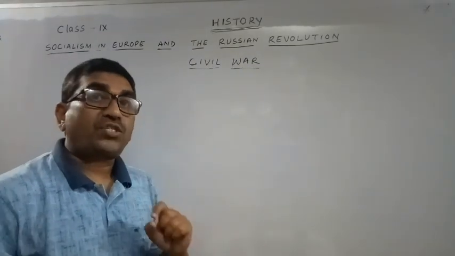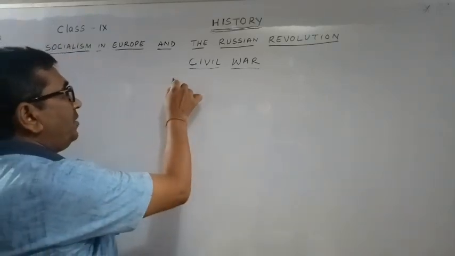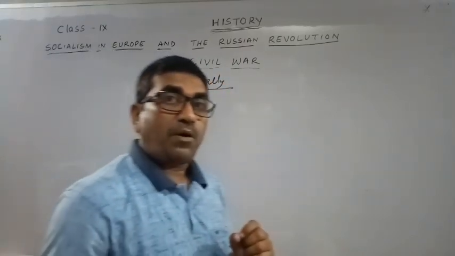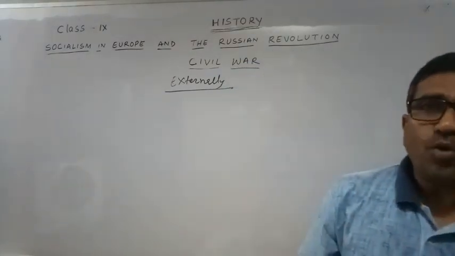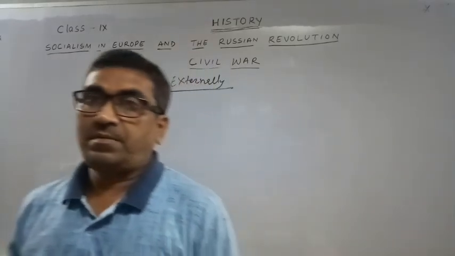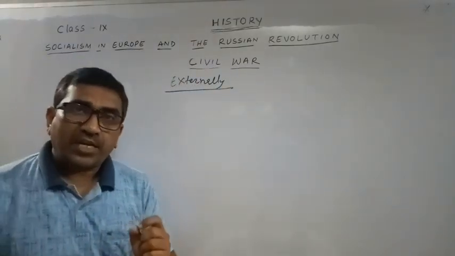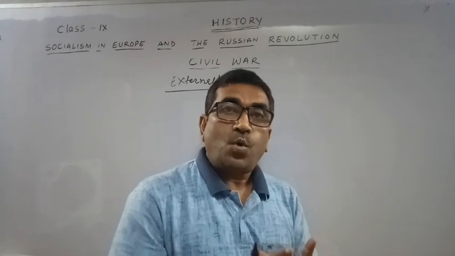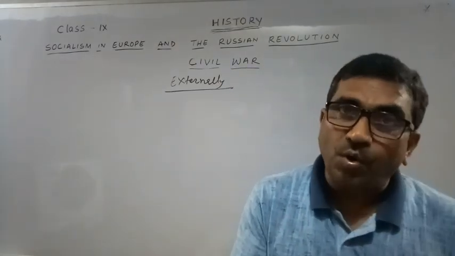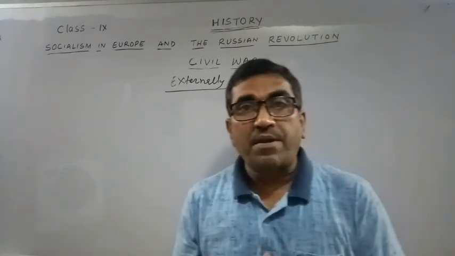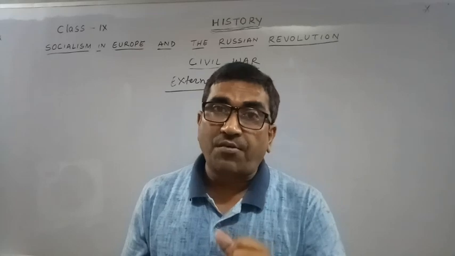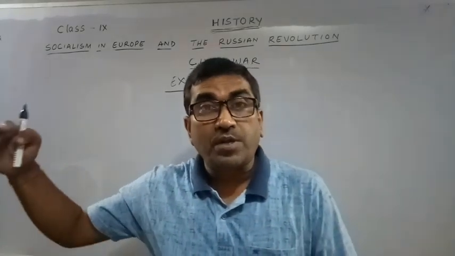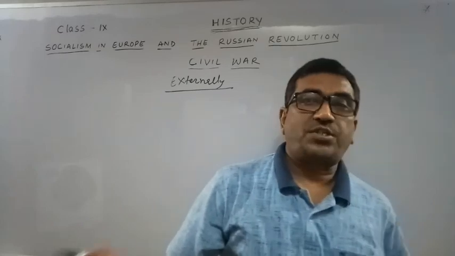If we talk about it externally, then one was the Czech legions. The Czech legions were war prisoners who had mutinied or revolted in the Trans-Siberian area, captured the Siberian railway, and marched and attacked towards Moscow. It means they were moving from East Russia to West Russia.